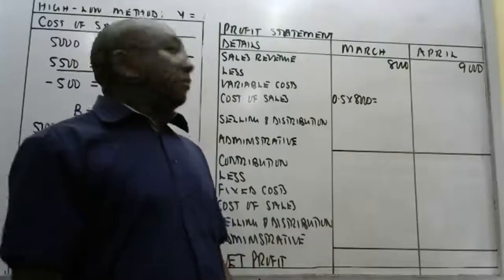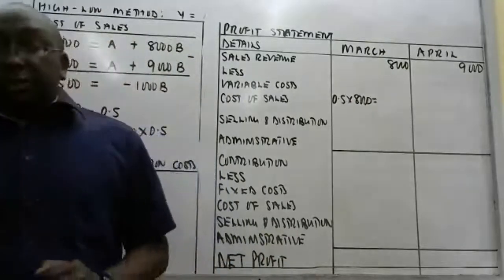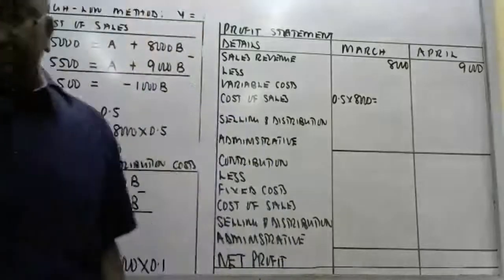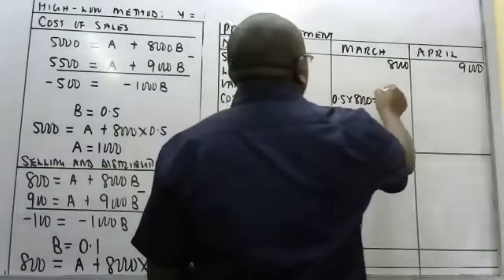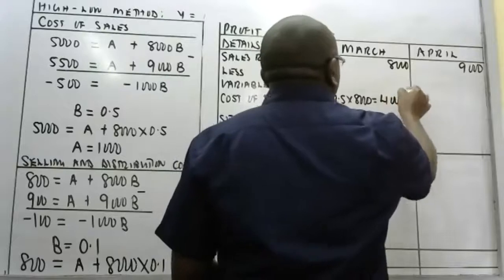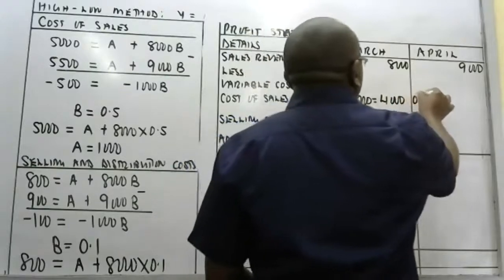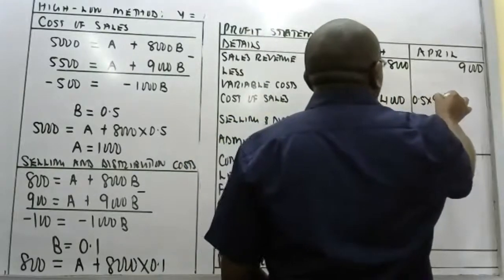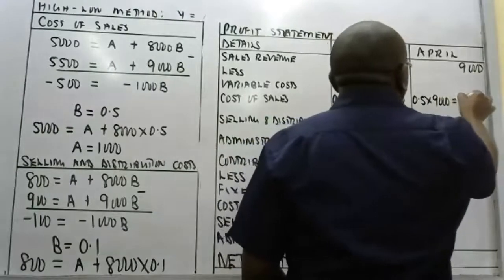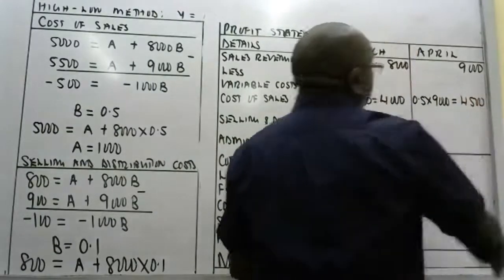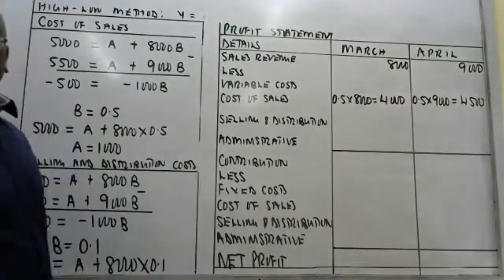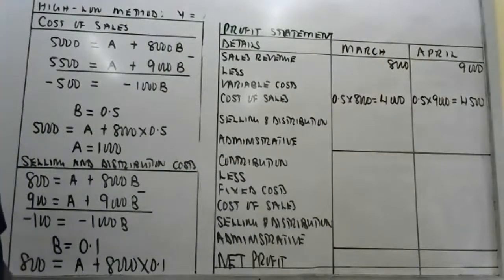Give the figure first. That is 4,000. On this other side, it is 0.5 times 9,000. That is 4,500. Good.